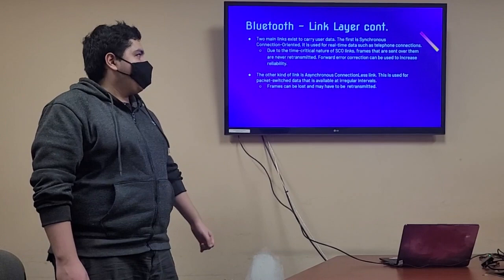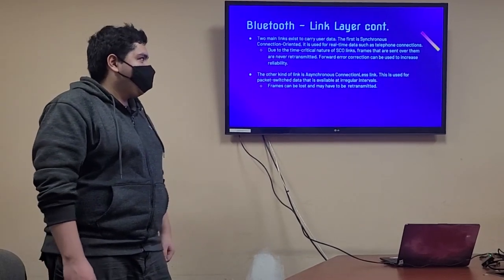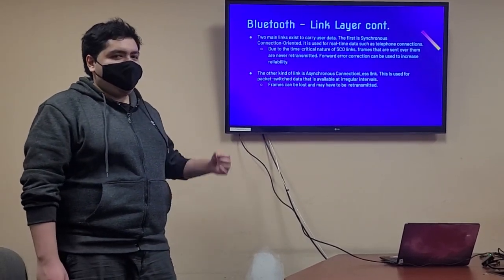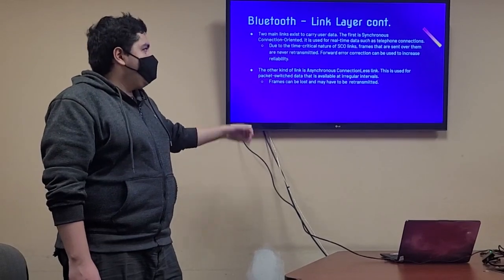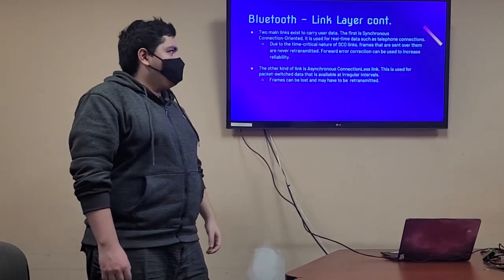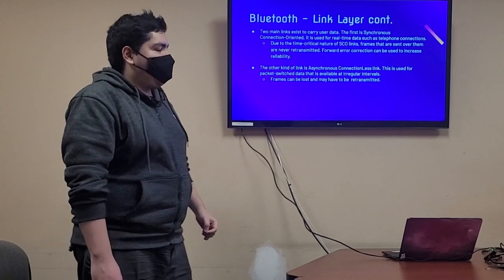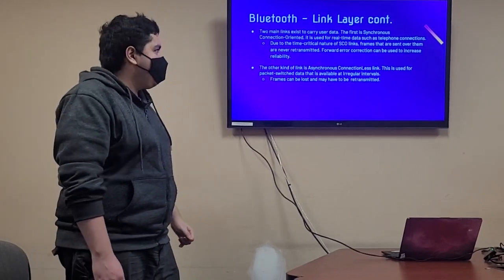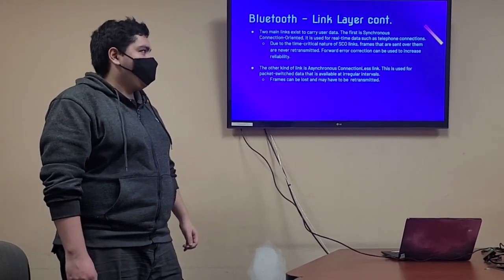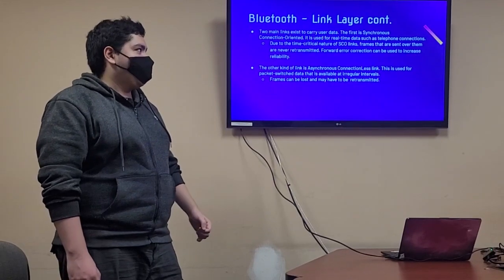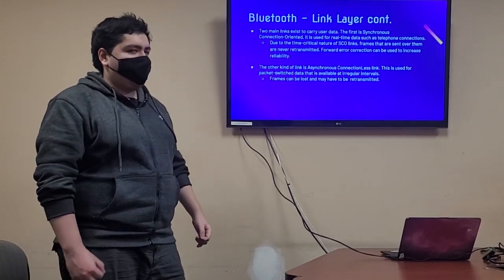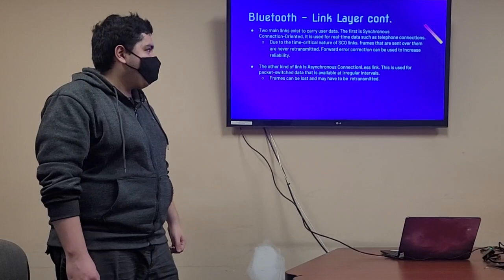Now, two main links exist to carry user data. The first is synchronous connection-oriented, and it is used for real-time data such as telephone connections. Due to the time-critical nature of these SCO links, frames that are sent over them are never retransmitted.